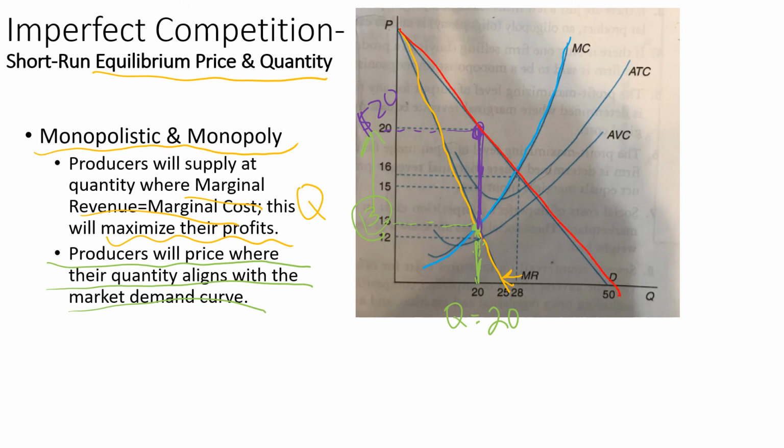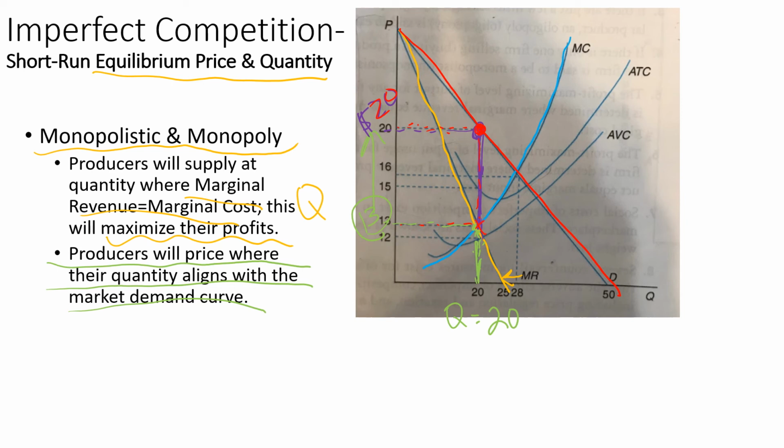After I found my Q, I followed that up to the demand curve. Where the Q hits the demand curve, you go horizontally across, and this is the amount that they're going to charge. So the amount that they are going to charge is different than where marginal cost intersects with marginal revenue.